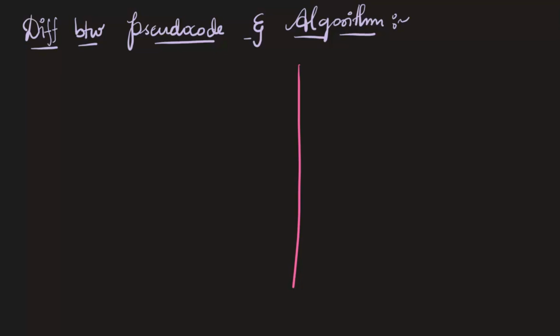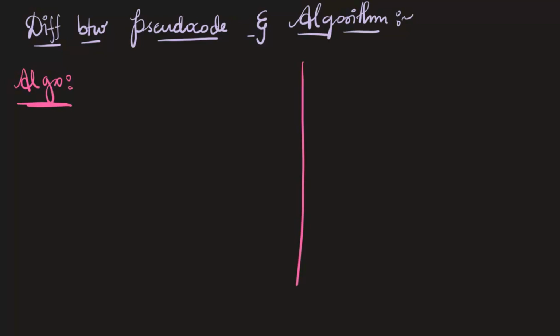Take an example of writing whether a person has failed or passed in an exam, for which we take the help of the average. In an algorithm, you write in pure English format the steps of a particular problem. So first you start, next you take all the inputs. Suppose I'm taking 3 inputs for now, that is M1, M2 and M3. Next you take the average of it.